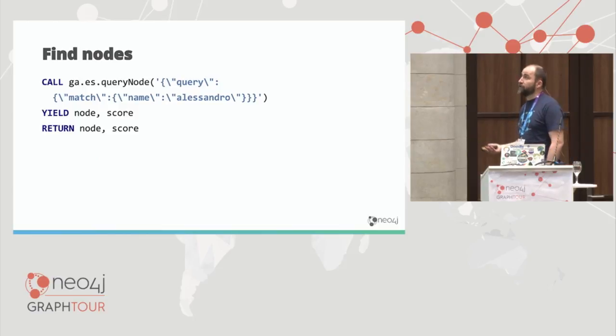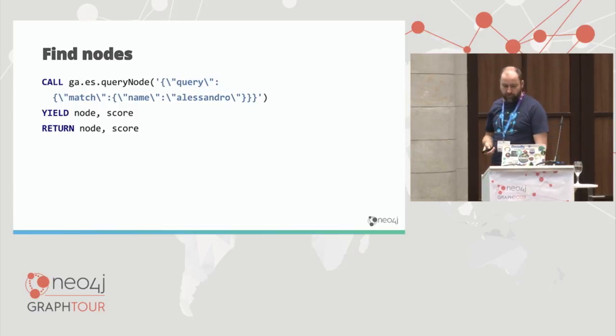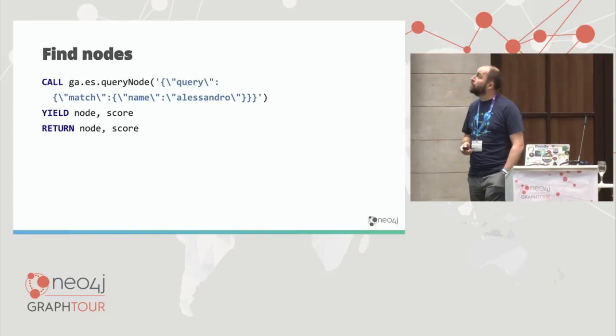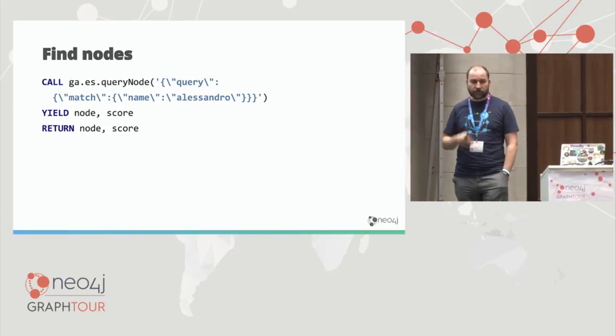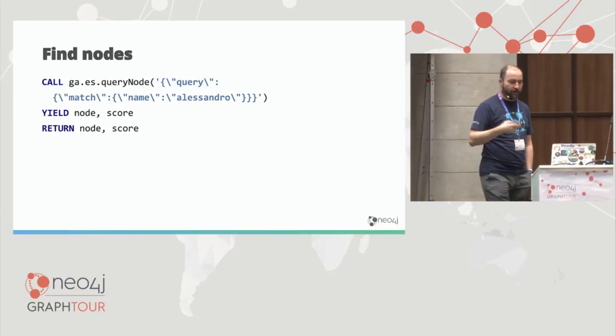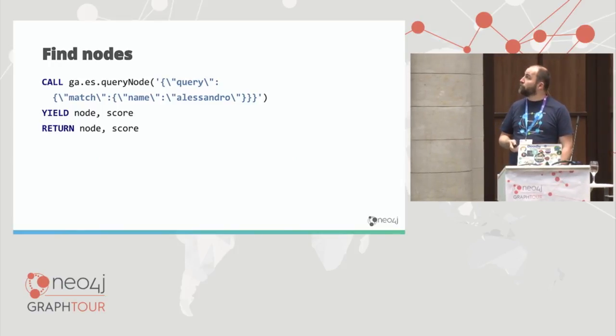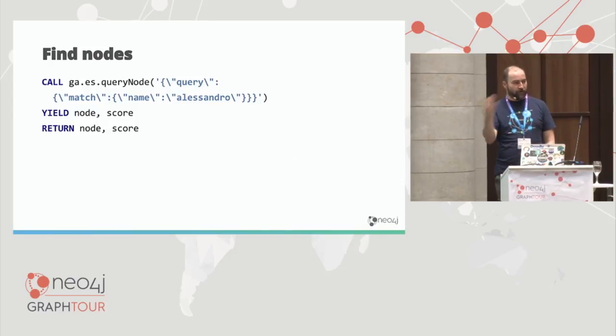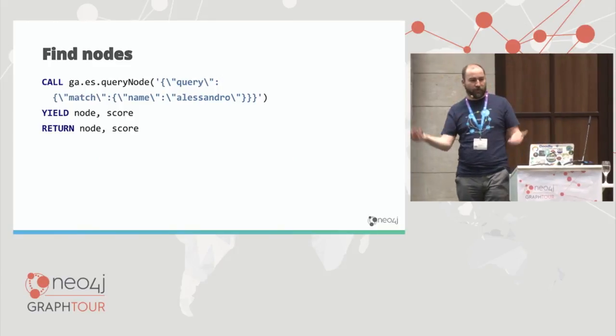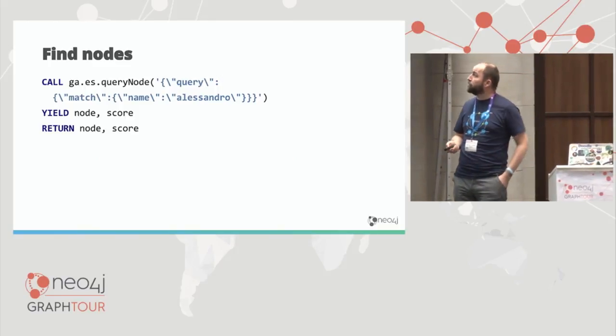And then from within Neo4j, again, you can use it with a user-defined procedure, and this passes a query to Elasticsearch. Elasticsearch is called, you get the data back, and then you can use that for your graph query. So it's always the combination of the systems. Combining them allows you to make the most out of each system and get the most value for your application or for your product.